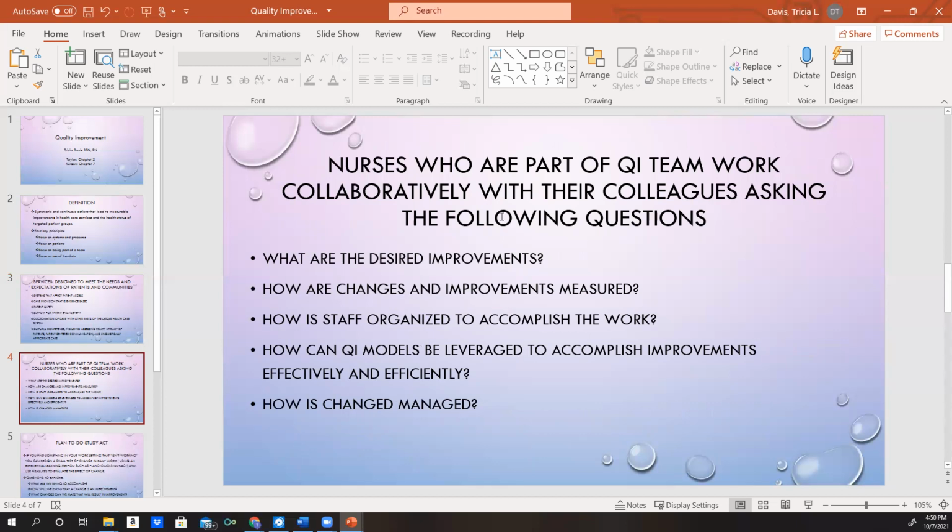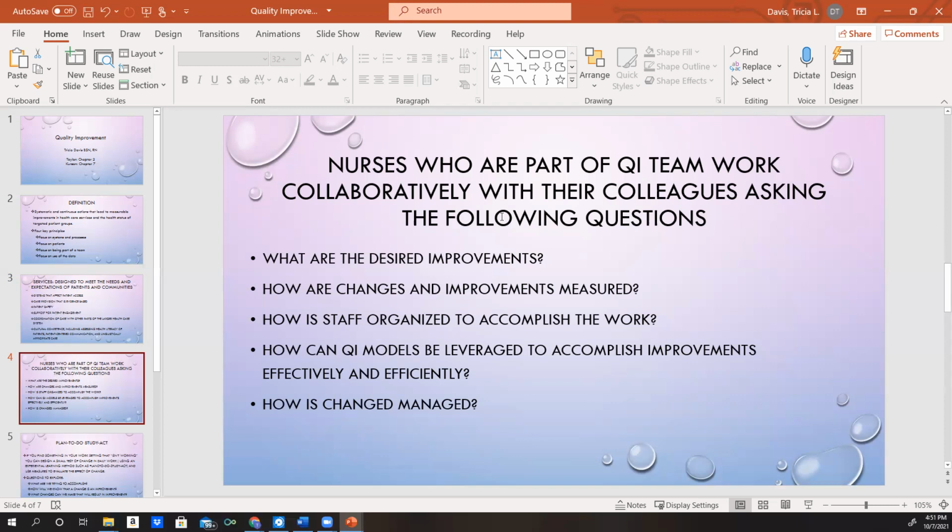How are changes and improvements going to be measured? This is what we would like to do, but how are we going to see if it's effective or not? How is the staff organized to accomplish the work? How can quality improvement models be leveraged to accomplish improvements effectively and efficiently? And how is change going to be managed?